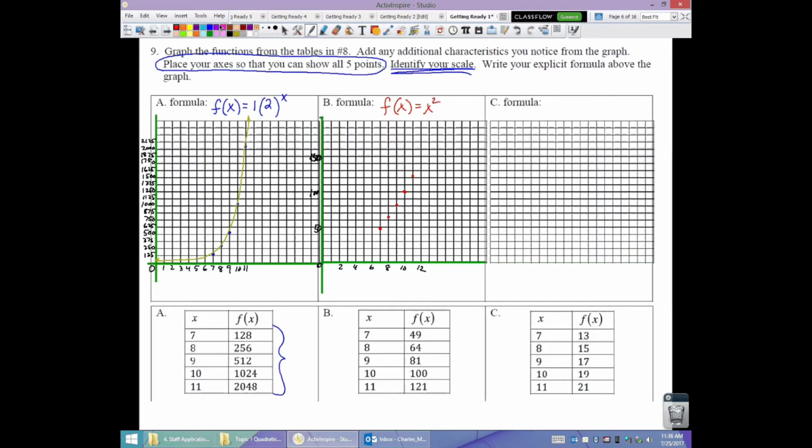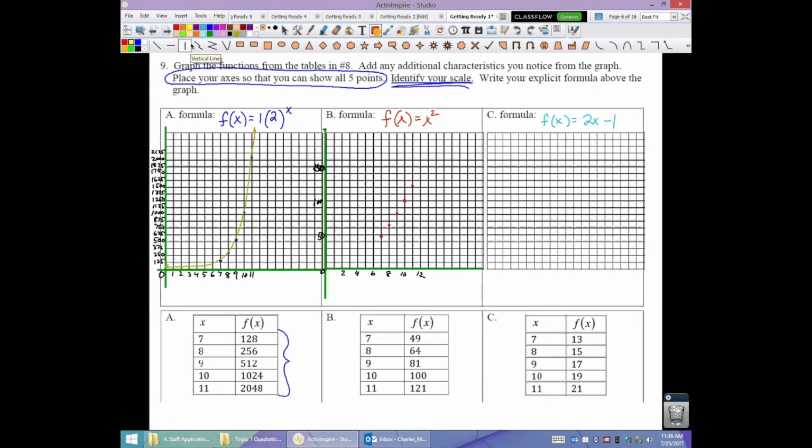And part C was our linear one, where we had a formula f of x equals 2x minus 1. All right, I need to get to 21, so I just missed being able to count by ones, I'm going to need to count by twos. So we will locate our axes on the edge.